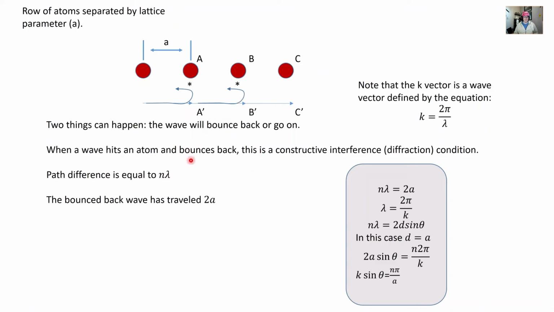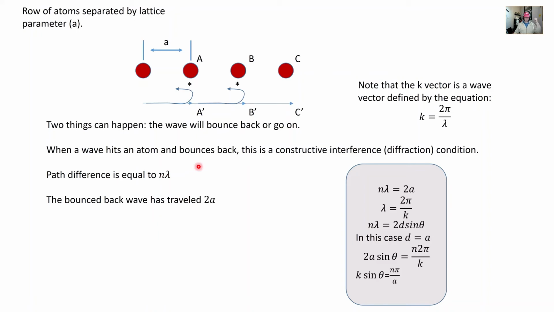So when the wave hits an atom and bounces back, it's constructive interference. That's where you're going to get diffraction. When it's reflecting, that's where we use these terminologies, reflecting, bouncing back. The path difference between this bounced back electron, if you will, and the electron that passed through is some integer of the wavelength.